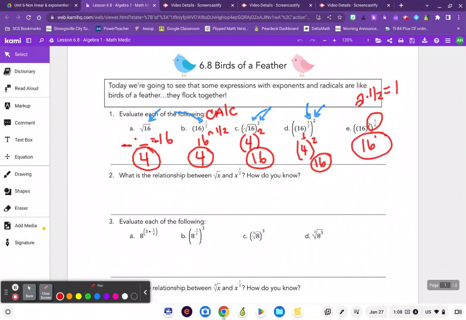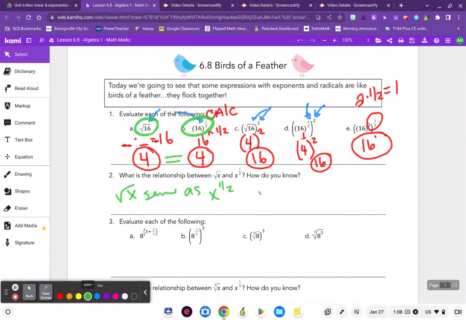All right, so it says, what is the relationship between square root of x and x to the half? I have square root of a number, and that same number to the half, and it turns out that they're the same as each other. So I think that square root of x is the same as x to the half.